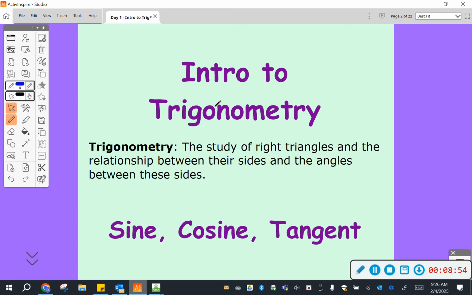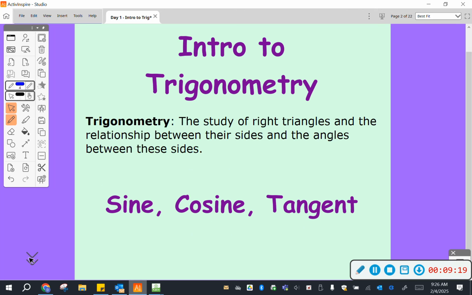Did we learn anything for 40, 50, 90? No. Or I'm going to give you a triangle that's 22 degrees. Do you know anything, how to approach anything with 22 degrees? No. So what we're teaching you this unit is going to set you up to basically answer any other triangle that's not 30, 60, 90 or 45, 45, 90. And the way that we're going to do that is by doing sine, cosine, and tangent.